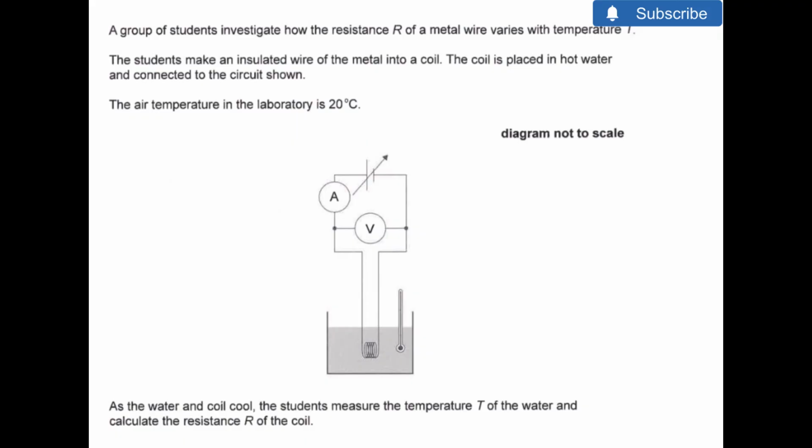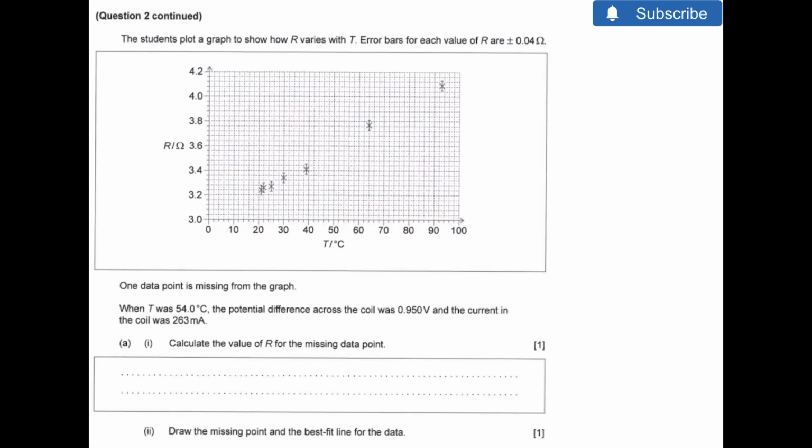Now the temperature of the air in the laboratory is 20 degrees Celsius, and you can see the circuit diagram here. Now as the water and the coil cool down, the students measure the temperature T of the water and calculate the resistance of the coil. Okay, now they have plotted a graph of how R varies with T, and the error bars for each value of R in the graph are plus minus 0.04 ohms.